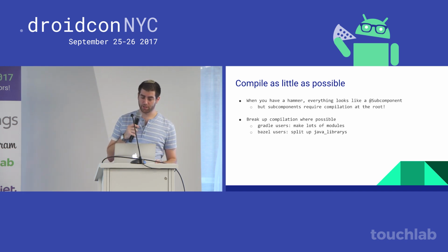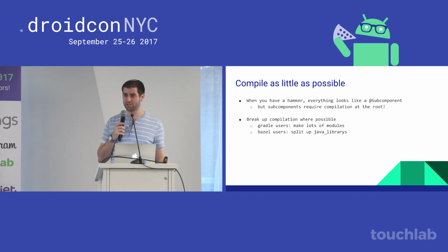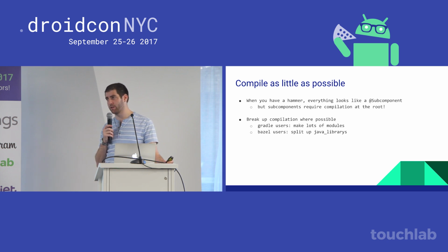So the first note here about subcomponents, we initially did not have any subcomponent concept in Dagger. We had component dependencies, and people wanted to have all of their bindings from the component be transferred. So we said, okay, we'll create this subcomponent API, which is great. Everything is generated together, but now you have that cost of having everything being generated at once, which is something we're trying to remove.